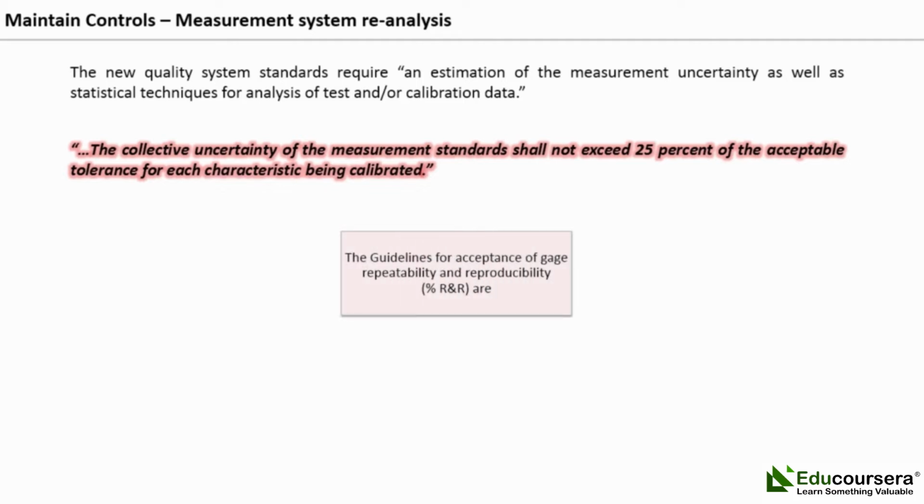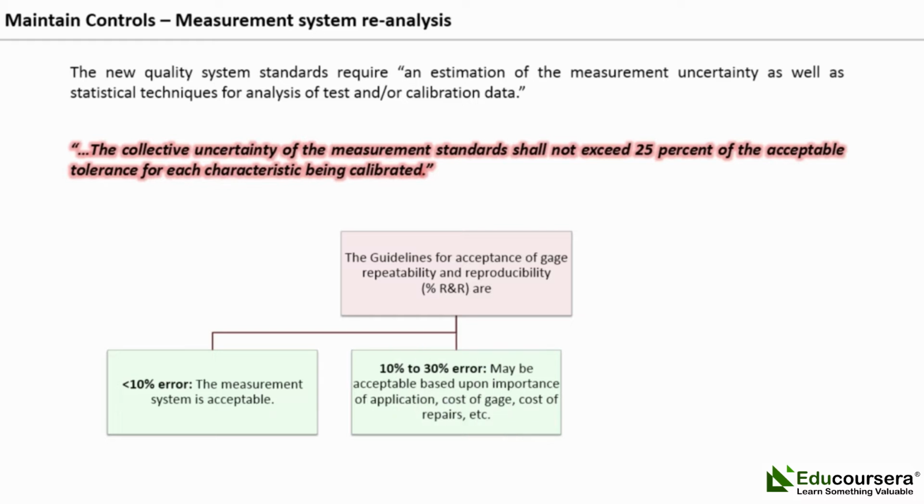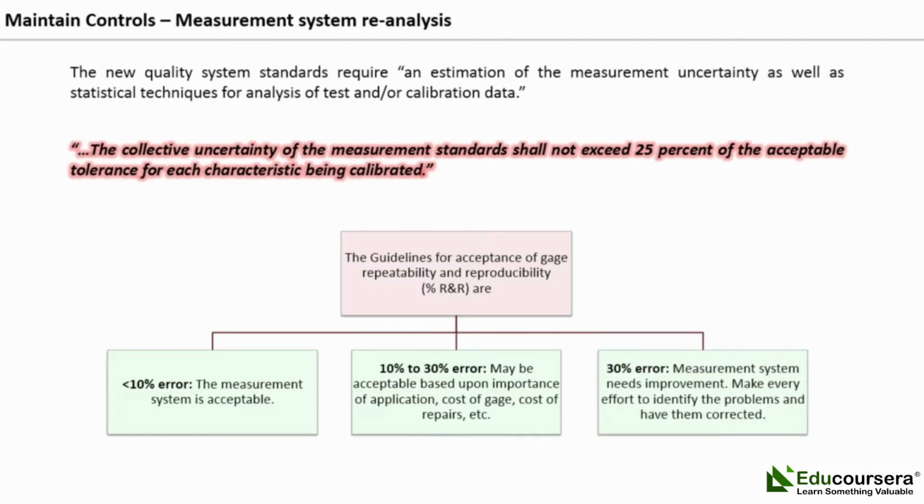The guidelines for acceptance of gauge repeatability and reproducibility %R&R are: less than 10% error, the measurement system is acceptable. 10% to 30% error may be acceptable based upon importance of application, cost of gauge, cost of repairs, etc. Over 30% error, the measurement system needs improvement. Make every effort to identify the problems and have them corrected.